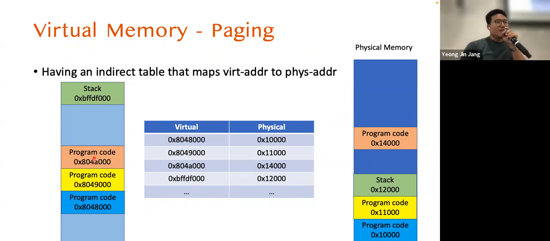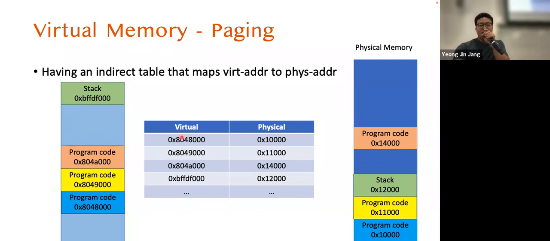While we are giving full freedom, all the applications will use addresses like 0x8048000 and 0x8049000 for their code and data. But what we will do is have a table, the indirection table, saying that this virtual address will be mapped to physical address 0x1000, and this virtual address will be mapped to 0x11000.